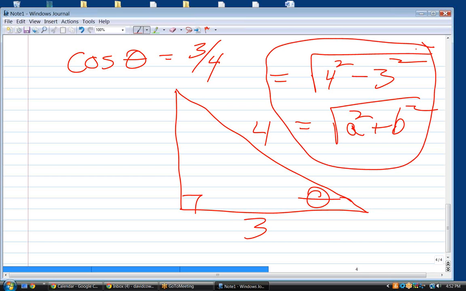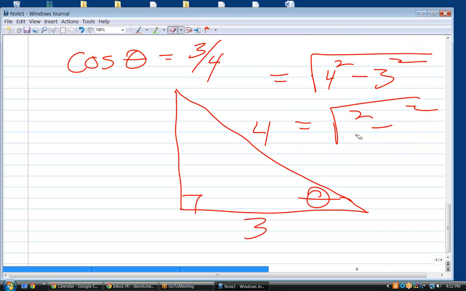It's good to memorize this, what I have circled here. It makes it so much faster to solve a right triangle, and that's something you're going to have to do 100 times in the next 2 years. So this is the square root of 16 minus 9, so it's the square root of 7.